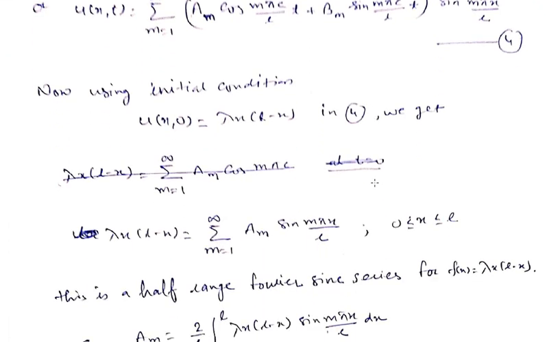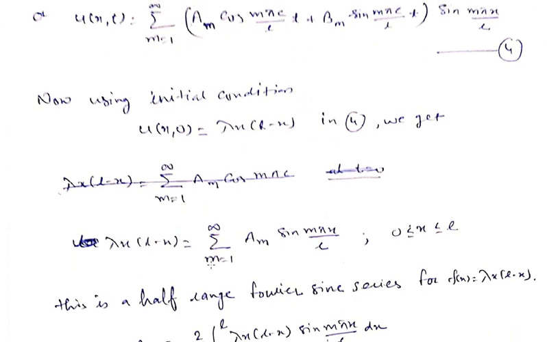Equation 4 becomes lambda x (L minus x) equals the summation, m varying from 1 to infinity, of a_m. Here we put t equals 0, so cos becomes 1, giving a_m sin(m pi x upon L).